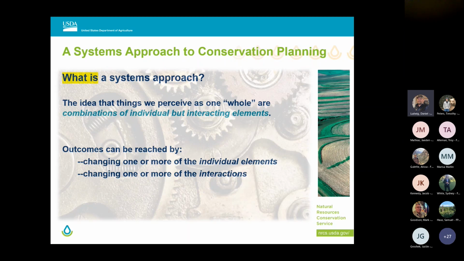Okay, so when we're looking at that, our outcomes can be reached by at least two of these different things. So we can achieve our outcomes by changing one or more of the individual elements, or we can go about it by changing one or more of the interactions.